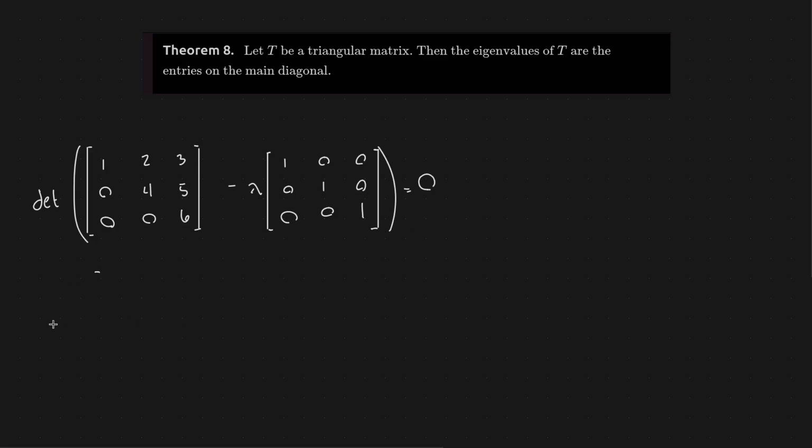We would get the determinant of 1 minus lambda, 2, 3, 0, 4 minus lambda, 5, 0, 0, 6 minus lambda.